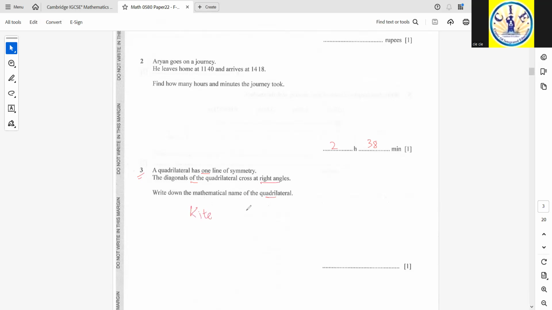Reason being, it is the quadrilateral which, unlike a rhombus, has the diagonals that cross each other at right angles. Other quadrilaterals whose diagonals are at right angles are rhombus as well as square.